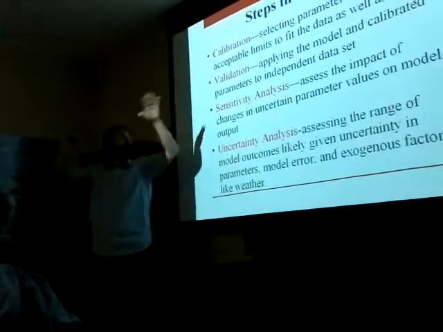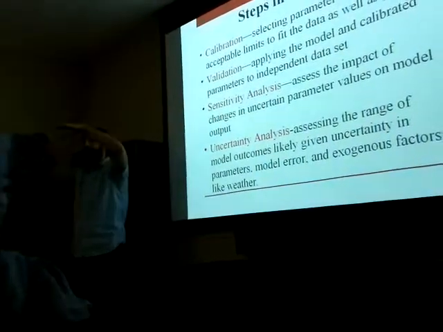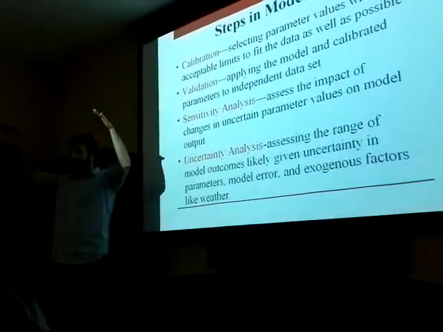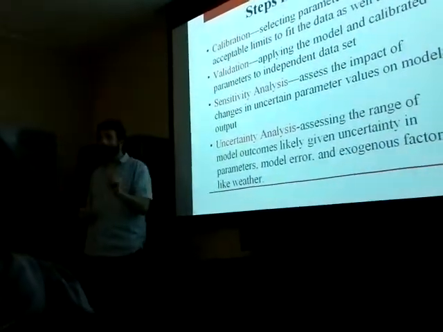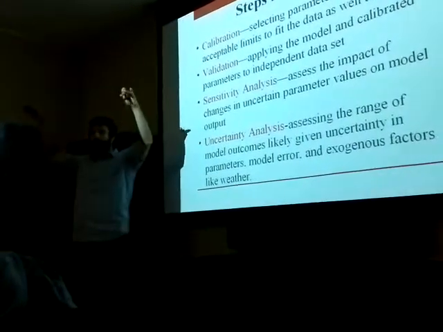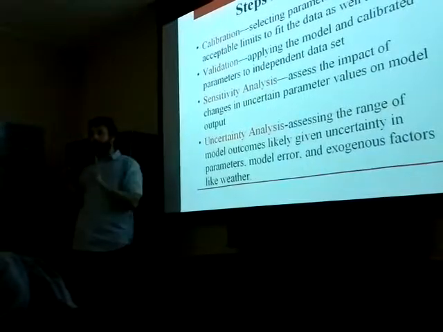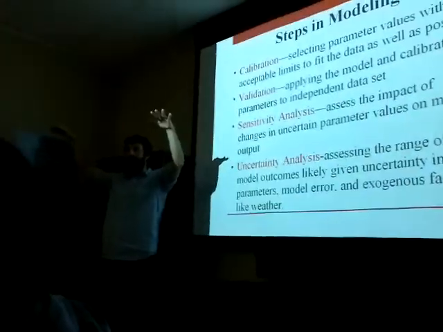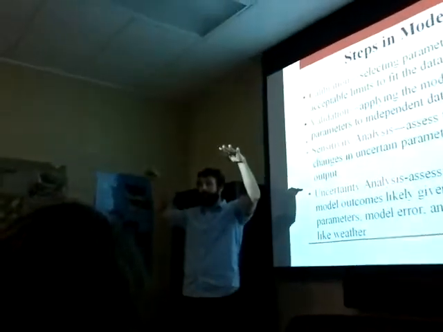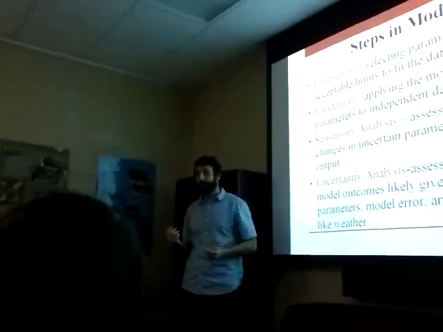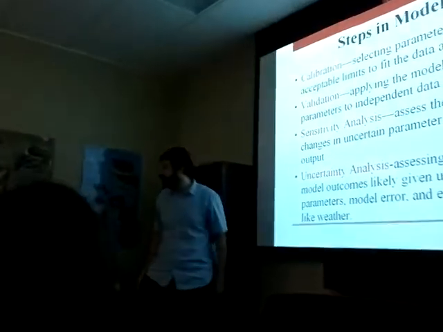That's calibration. Well, I told you there are 1,000 parameters. So it is possible that I can change 10 parameters and they match. It is also possible that I can change a different 10 parameters and match. Does this make sense?